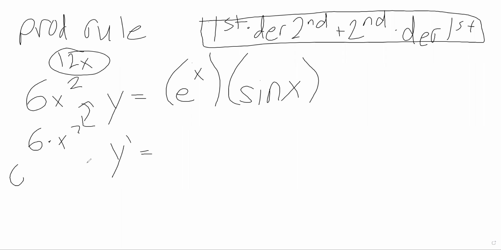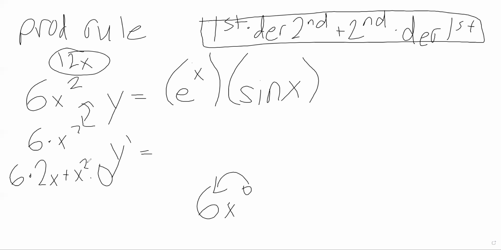So we've got first, 6, times the derivative of the second, so that would be 2x, plus the second, x squared, times the derivative of the first. But the derivative of any plain number is going to be 0. Because if you think about it, this can be rewritten as 6x to the 0, because x to the 0 is just 1.